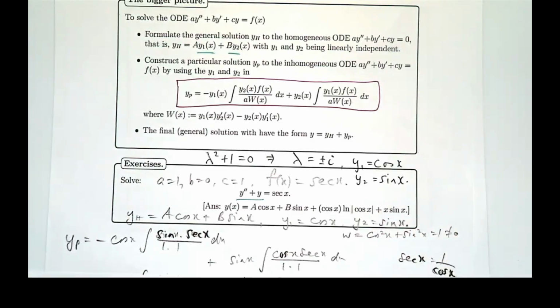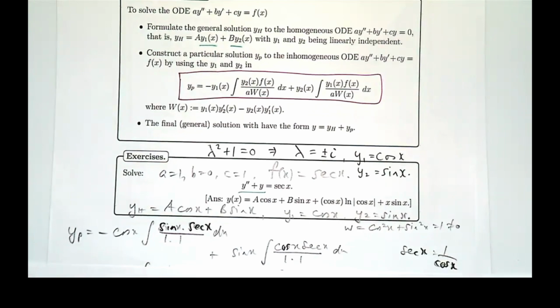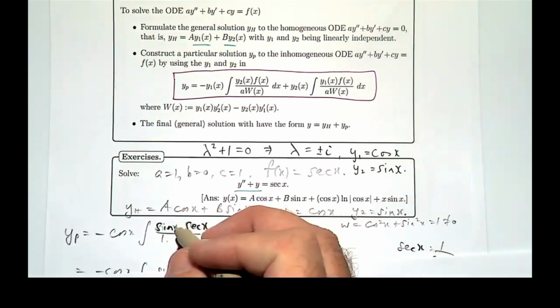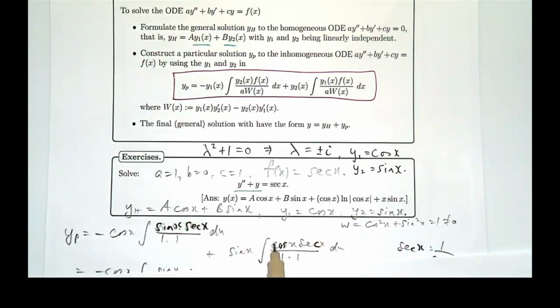Sec x is just 1 on cos. So I think this is going to be similar to the previous problem where we're going to get a little bit of cancellation and we'll have to do something else. Okay? So that's going to be okay. I think that's going to simplify, but this is not.